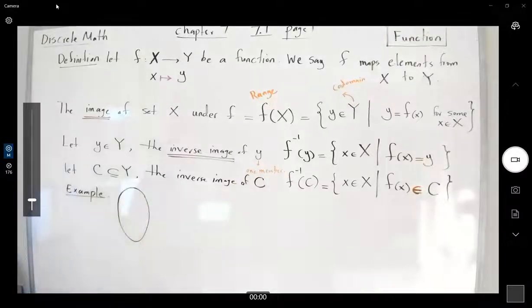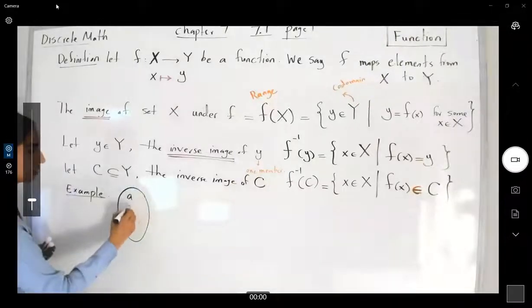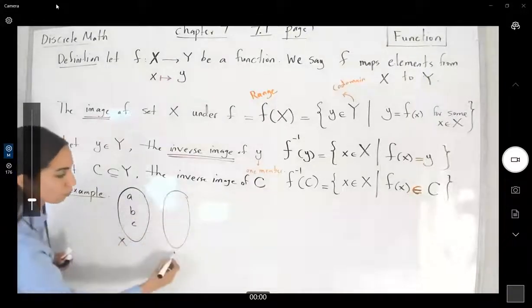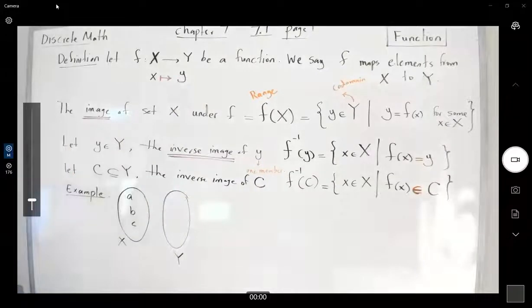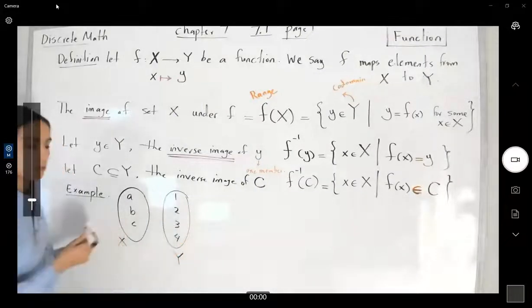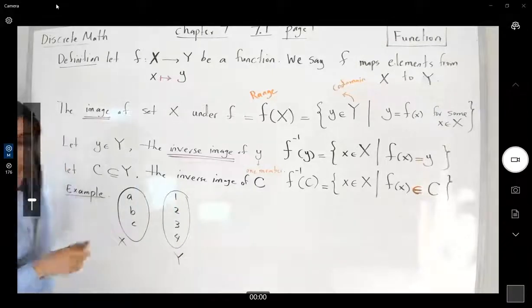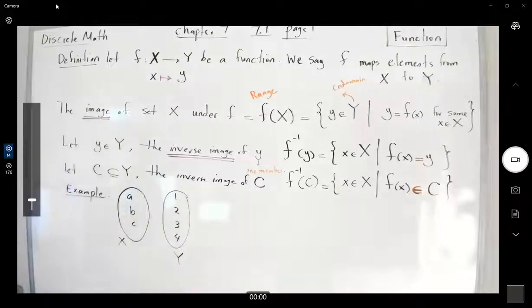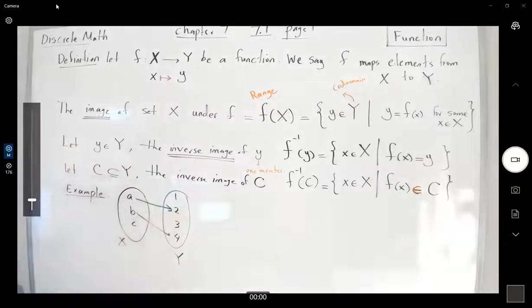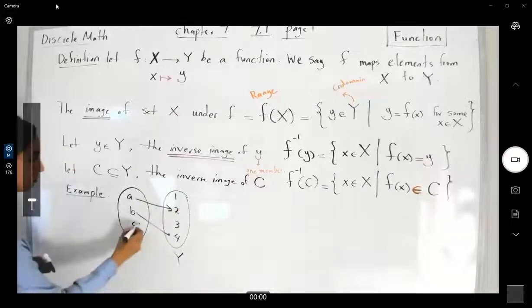The elements in set X are a, b, c, and the elements in the second set, your codomain, are 1, 2, 3, 4. This machine here maps a into 2. It maps b to 4. And it also maps c to 2.